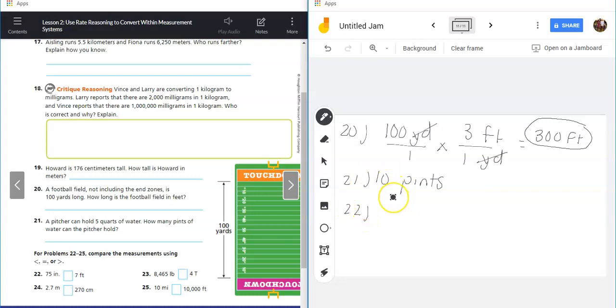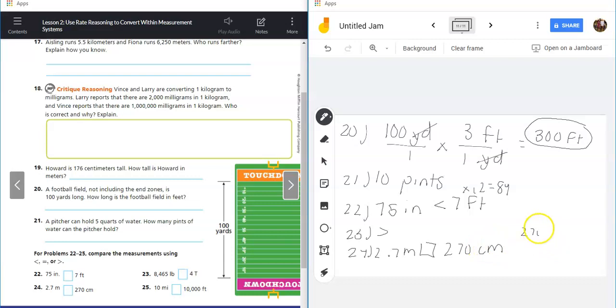22 through 25, they're asking us to compare less than, greater than, or equal to. So 75 inches is less than 7 feet. Because if I do 7 times 12, because there's 12 inches in a foot, 7 times 12 is 84. 23's answer is greater than. 24, I have 2.7 meters compared to 270 centimeters.